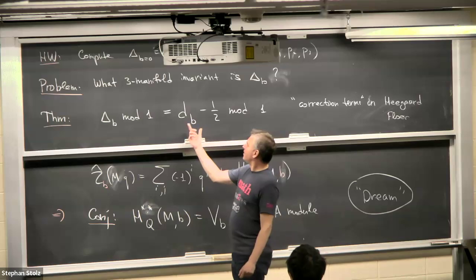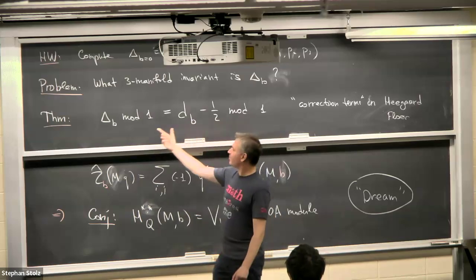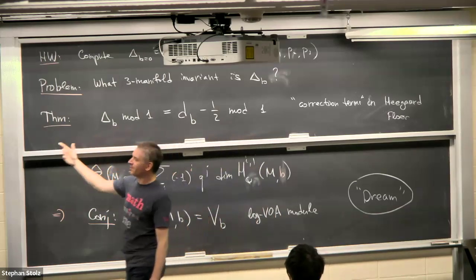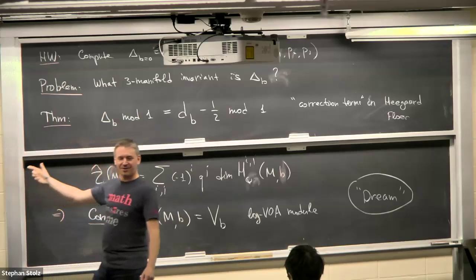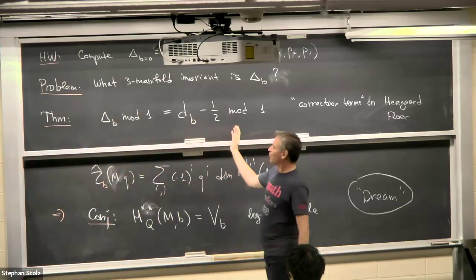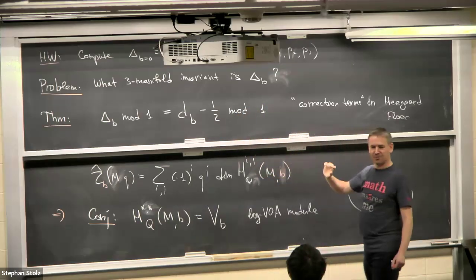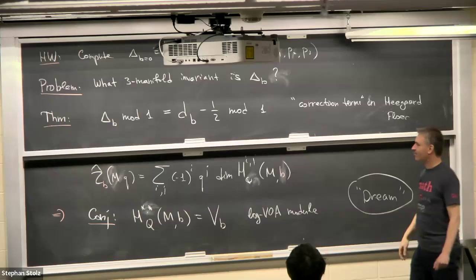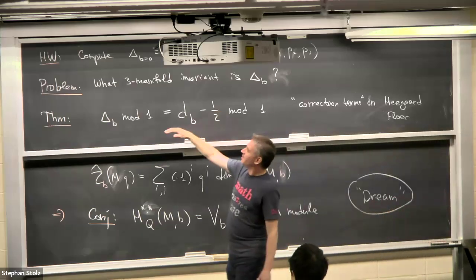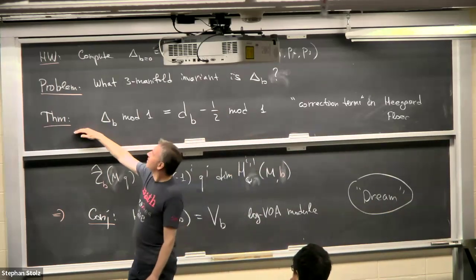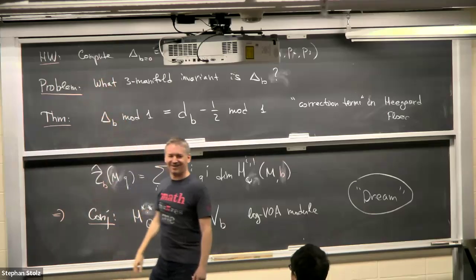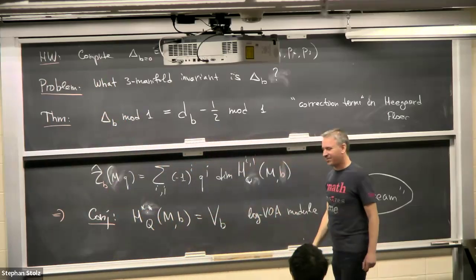And its mod 1 reduction happens to be the same as the mod 1 reduction of this delta. An easy check is that this, of course, is not true if you remove mod 1. It's not even true mod 2, so that was maybe optimistic. But anyway, here I give you a result, an easy exercise, and something to aim higher.